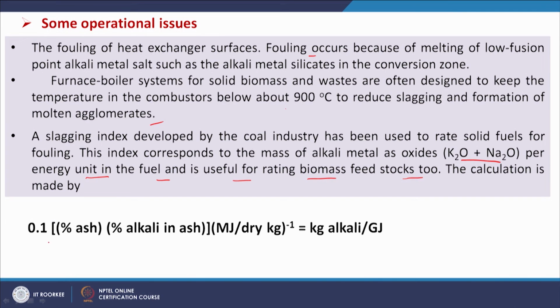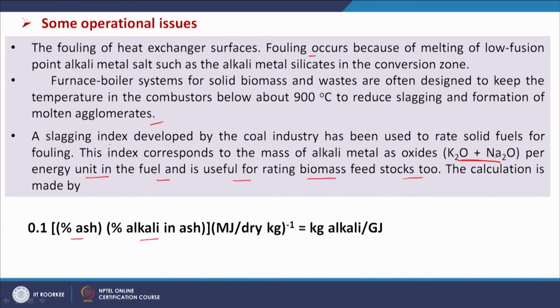The calculation is made like this: 0.1 times percentage ash times percentage alkali in ash, per megajoule per dry kg, equals kg alkali per gigajoule. So, on the basis of percentage of alkali in ash and total percentage of ash, we can calculate the slag index, and this alkali means K2O and Na2O.